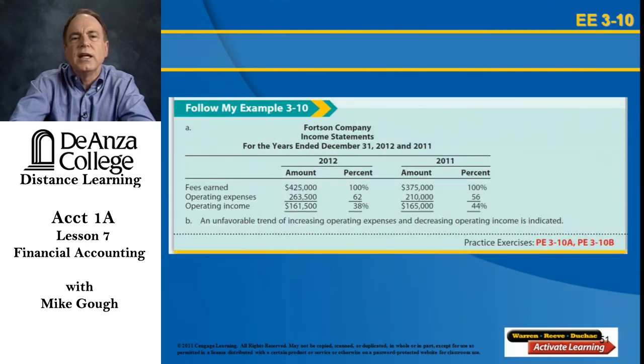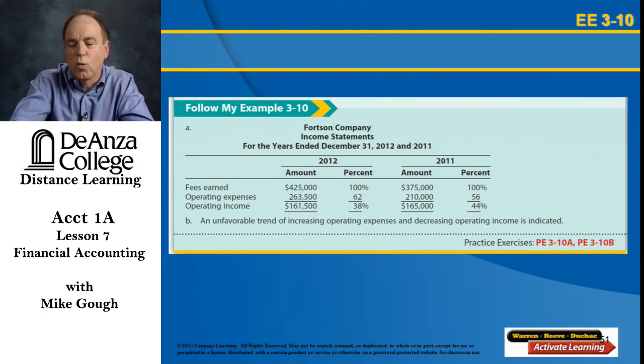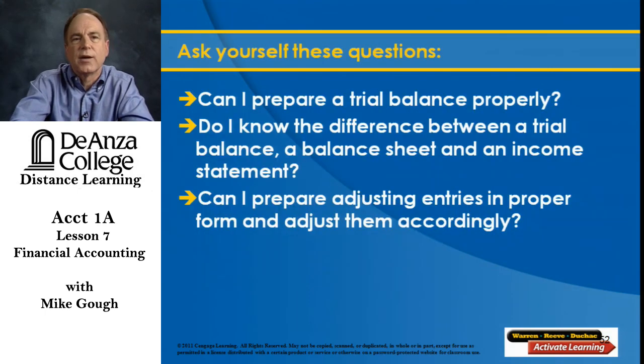So the idea is that 56% of our revenues were operating expense in 2011, but 62% is what we're seeing in 2012. So obviously our operating expenses have gone up. Now, the good news is that our revenues have gone up, but the bad news is our profitability has not. So that tells us our operating expenses are running high. So this allows us to ask the question, why did this happen? What is the purpose in that regard?